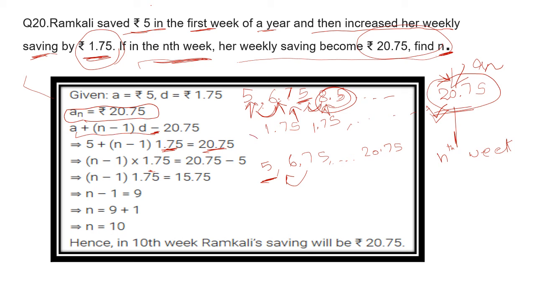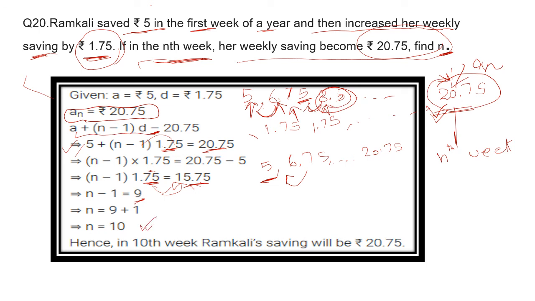This is a simple equation which you can easily solve. Either you can open the bracket, or you can shift this 5 to the right hand side and do the subtraction, you will get 15.75. After that, 1.75 is multiplied, so while shifting to the right side it will get divided, and you will get the result n minus 1 equals 9.